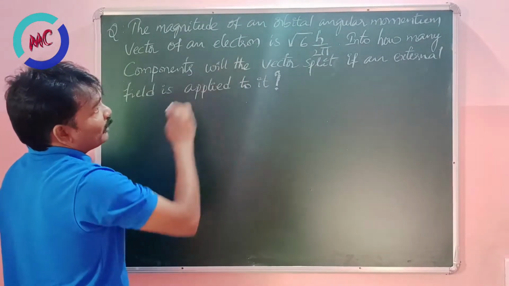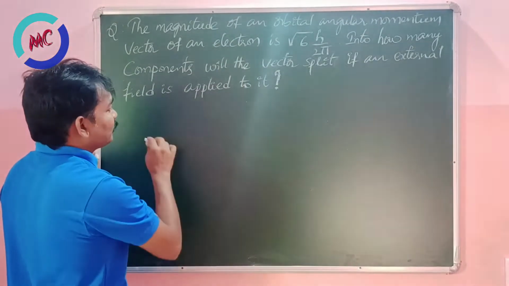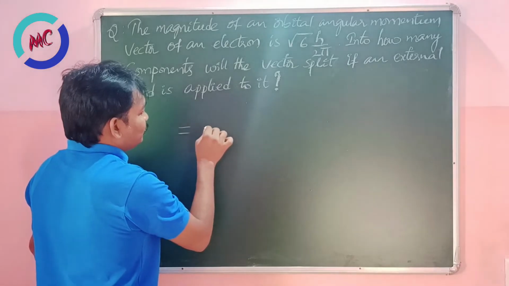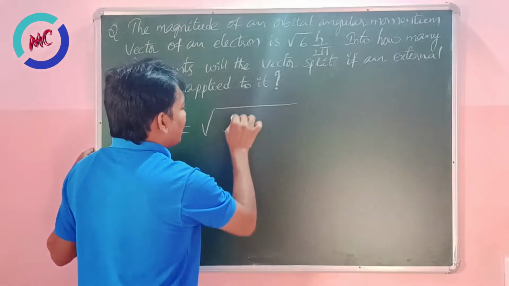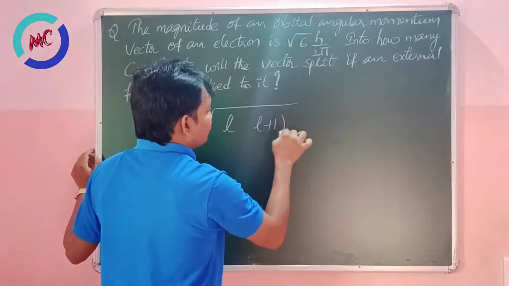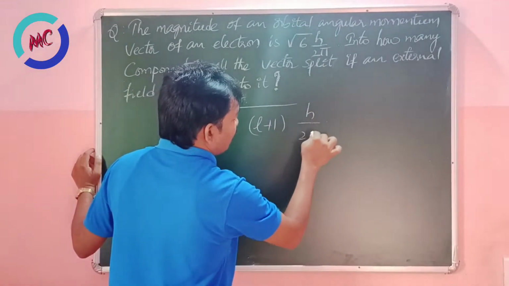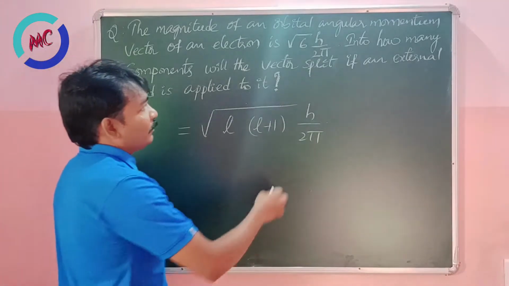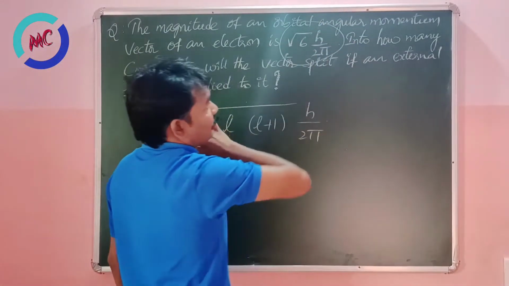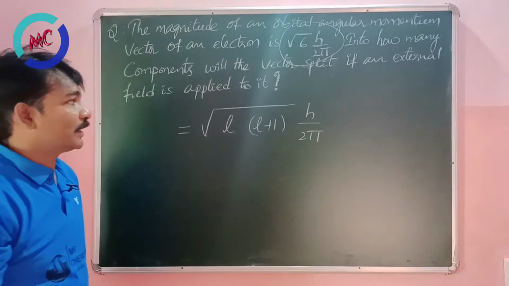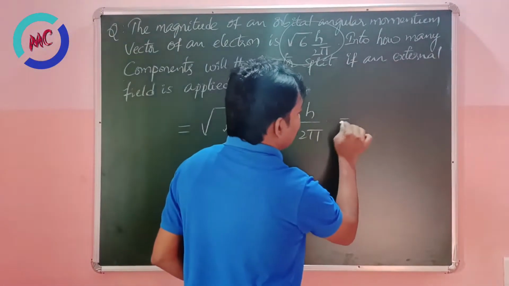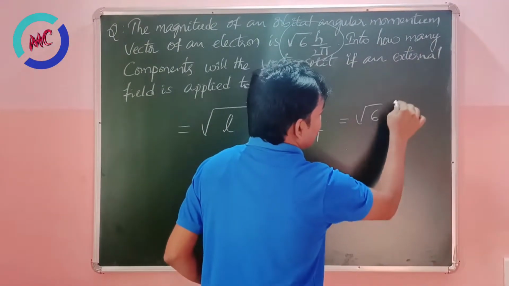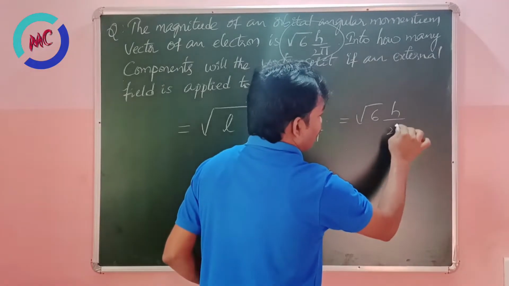What is the formula to find the orbital angular momentum? That is equal to root of L into L plus 1 h by 2 pi. If you observe, they gave the value as root of 6 h by 2 pi.